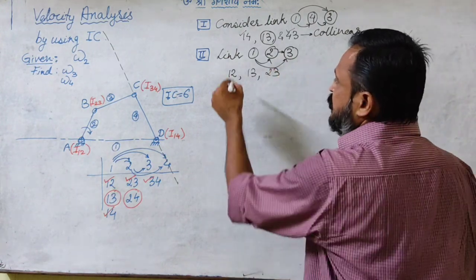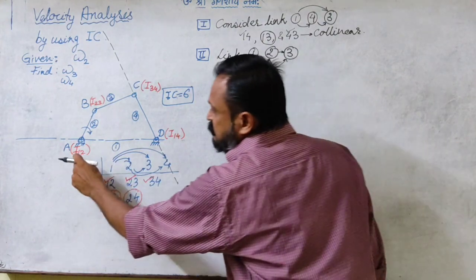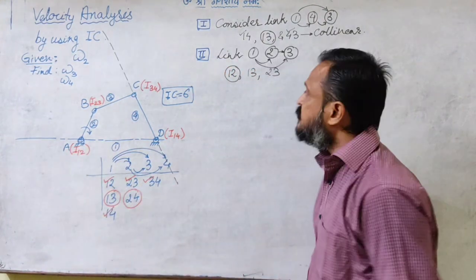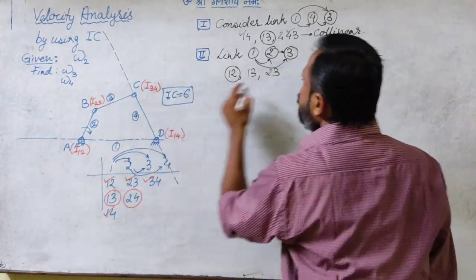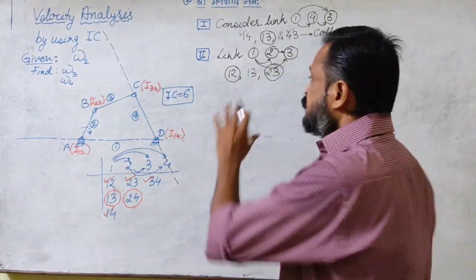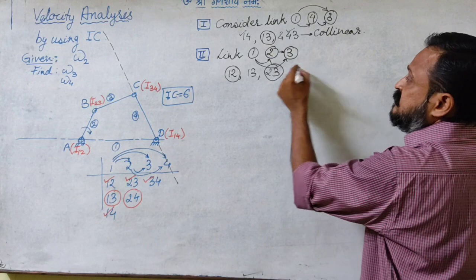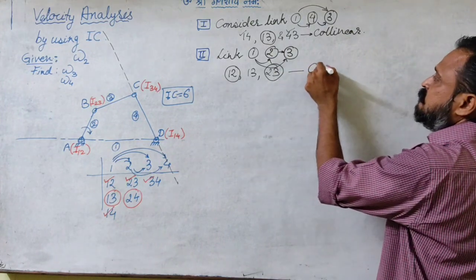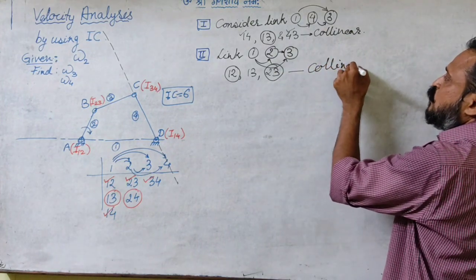Out of which again, instantaneous centers I 1,2 we have already located, I 2,3 we have located, I 1,3 is not determined yet, but these 3 instantaneous centers will again be definitely collinear.